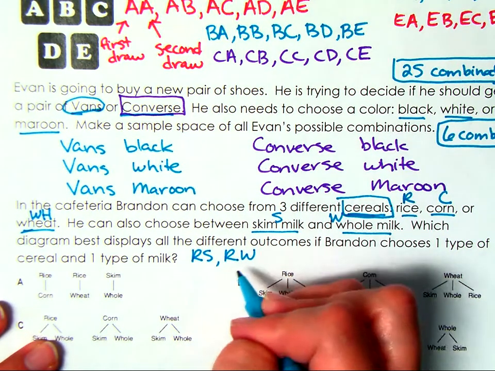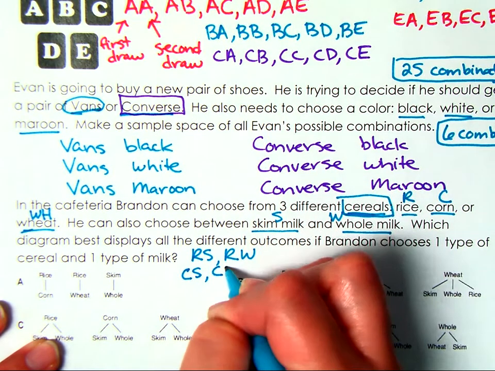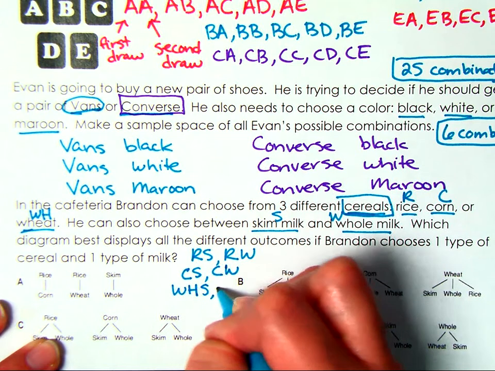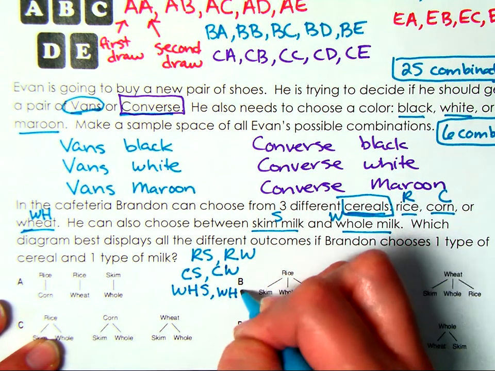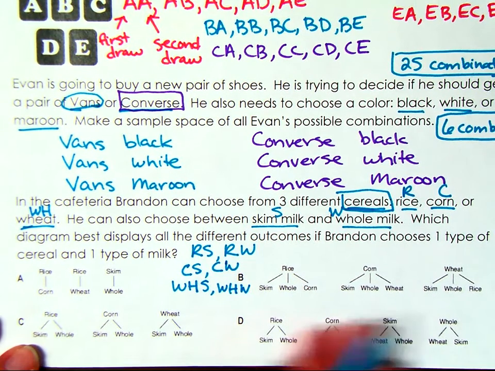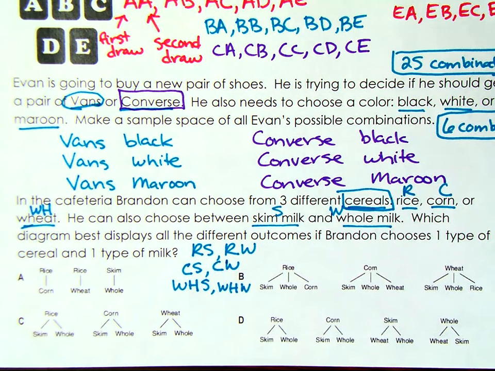Okay, then we could do corn with skim milk or corn with whole milk. Then we can do wheat with skim milk and wheat with whole milk. So if it helps you to do a list for yourself before looking at these, there's 1, 2, 3, 4, 5, 6 options.